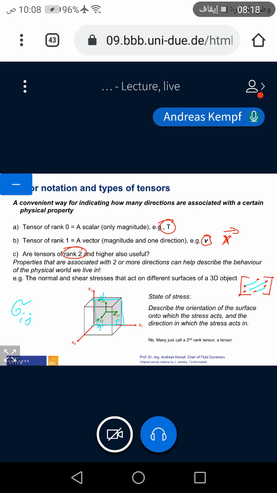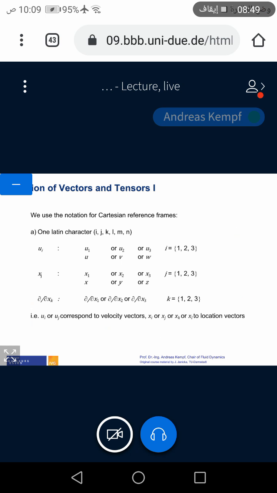And the directions of the stress on this surface are given by the second index j. So here, the 2 gives the direction of the force in the 2 direction. The index 1 gives the direction of the force or the stress in 1 direction, and 3 in 3 direction. So in this very case, sigma 22 would be a tension, and the other ones, sigma 21 and sigma 23, would be shear stresses. You all know that, but I wanted to remind you of that.